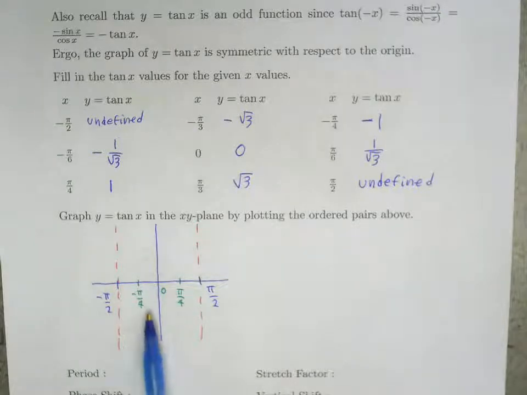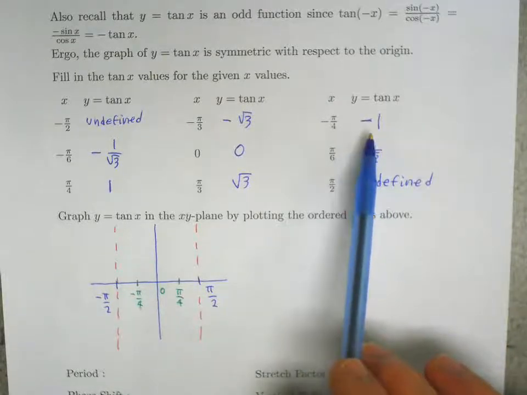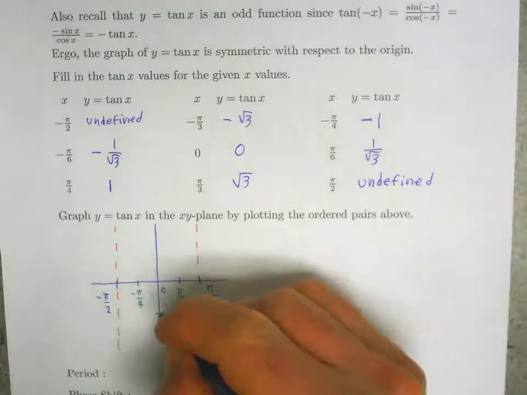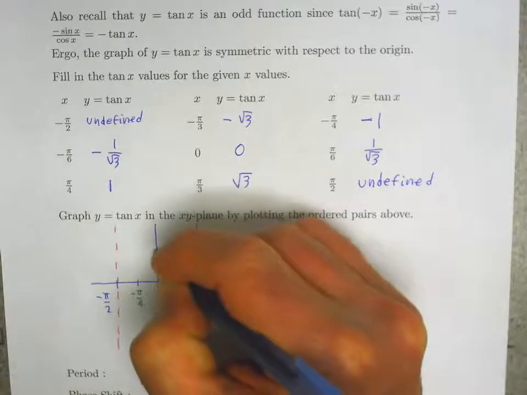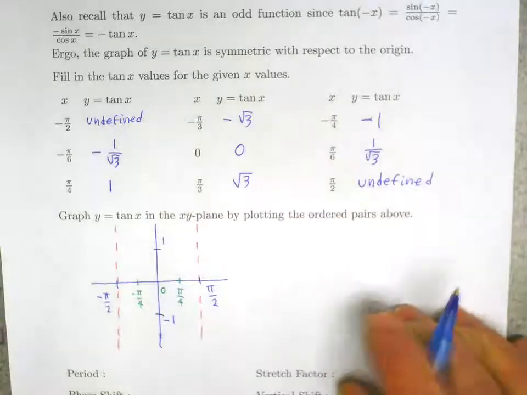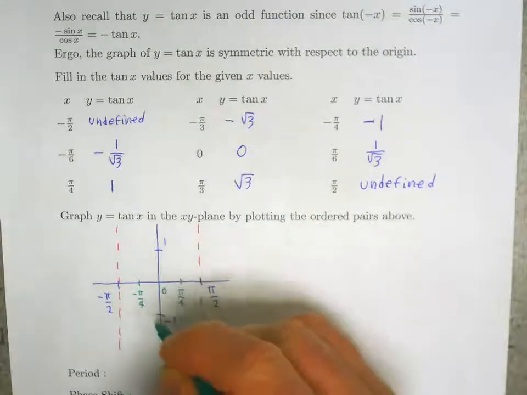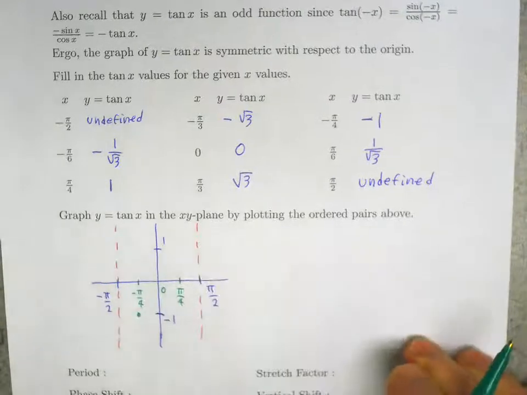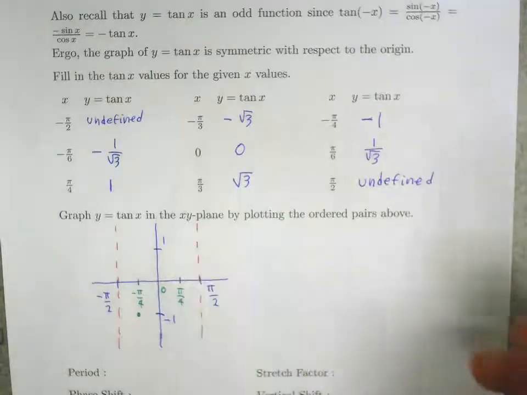And then through those 3 points, we can sketch the rest of the graph. Okay, so when x is negative pi over 4, tangent of negative pi over 4 is negative 1. So I'll write -1 here and +1 there. Okay, so we'll plot the point -π/4, -1 here. And then when x is 0, tangent of 0 is 0.